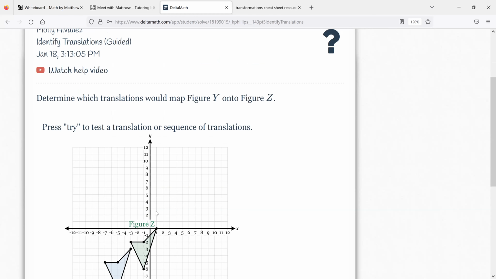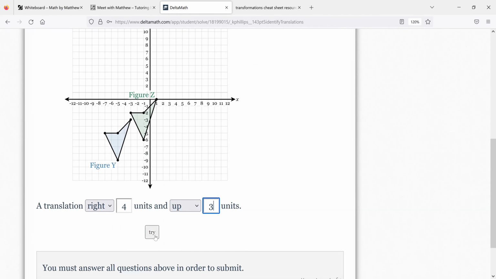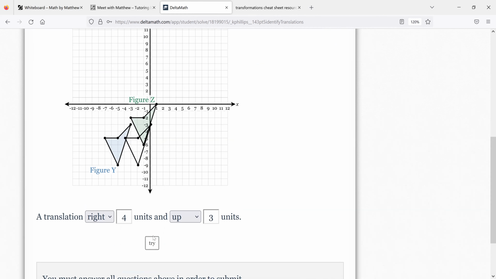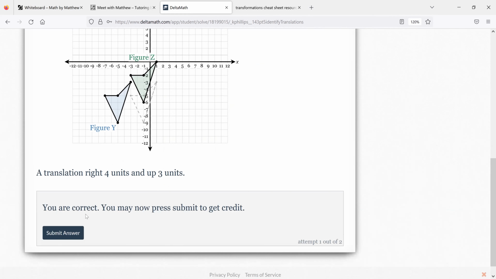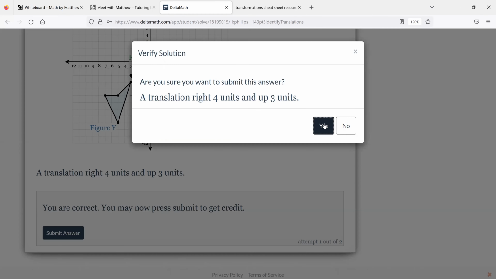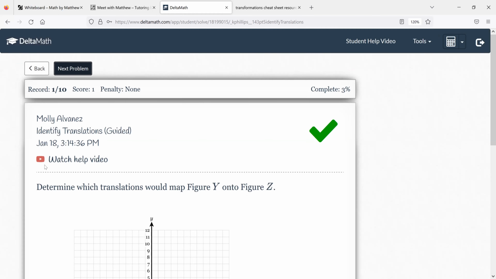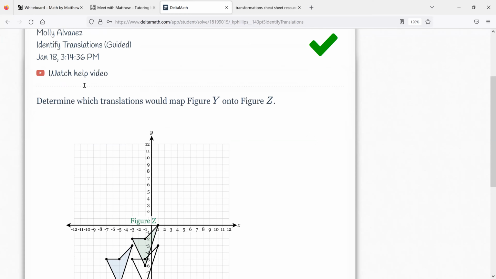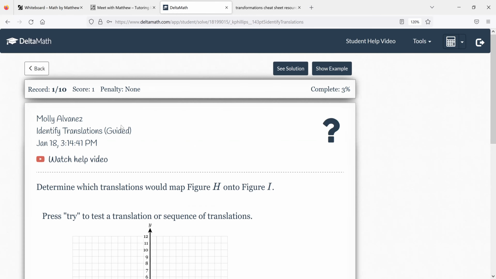Oh, we got to try it. All right, let's try it. Okay. Is that okay? Mm-hmm. All right. No, we're gonna hit the next. That doesn't automatically go to the next problem here.